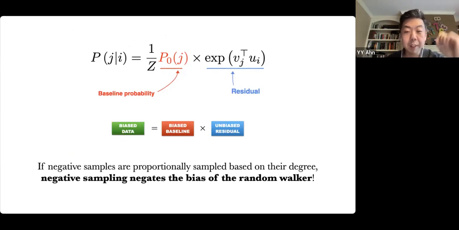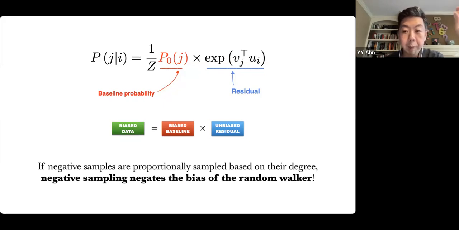For instance, I mentioned that random walk is biased because it tends to go to the hubs. It tends to go to the nodes with a large degree. That's an inherent bias. So if you just run random walks, it produces biased data.